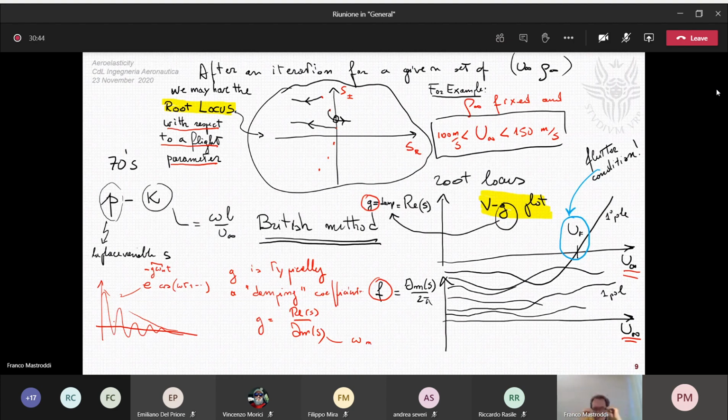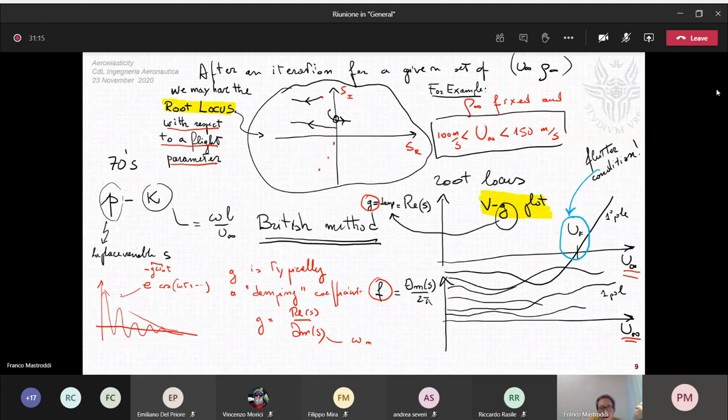Because what you want to measure is the number of oscillations you can see before the response is totally damped out. Okay, so it's not the absolute value of this exponential curve that is important, but its role with respect to the frequency of the oscillation.